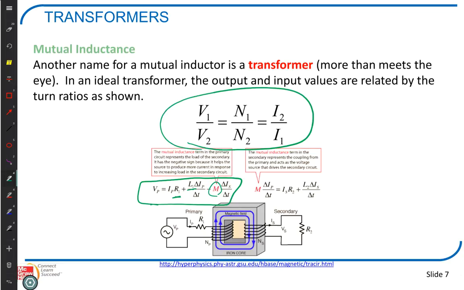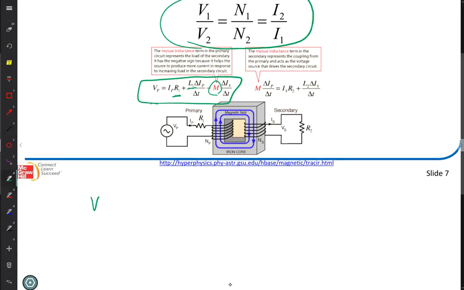With the transformer, I need my V2 to be 1/2 of V1, right? I need V2 to be 110 when V1 is 220. So I just say V2 is equal to 110 volts because that's what I need for my device. V1 is equal to 220 volts because that's what's coming out of the wall. And so using that equation, V1 over V2 is equal to N1 over N2.